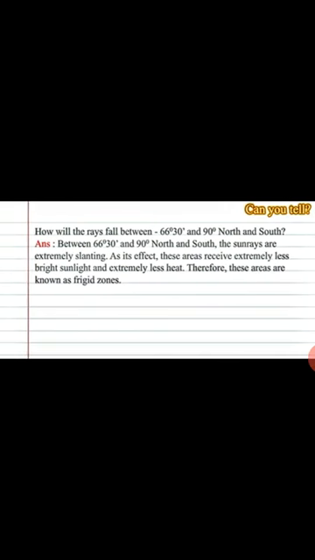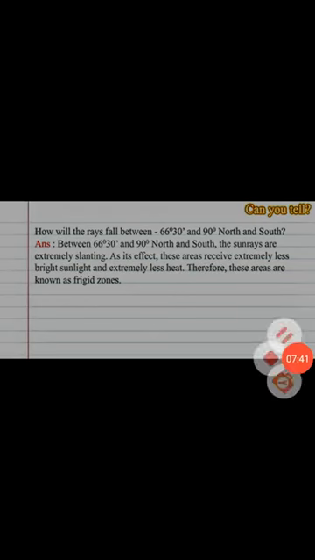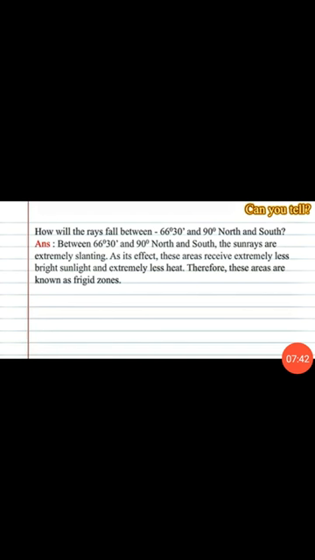Third question: how will the rays fall between 66 degrees 30 minutes and 90 degrees north and south? Answer: between 66 degrees 30 minutes and 90 degrees north and south, the sun rays are extremely slanting.